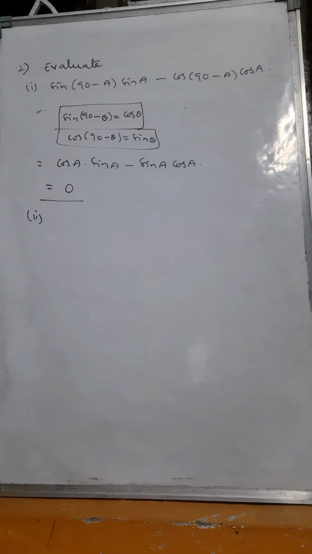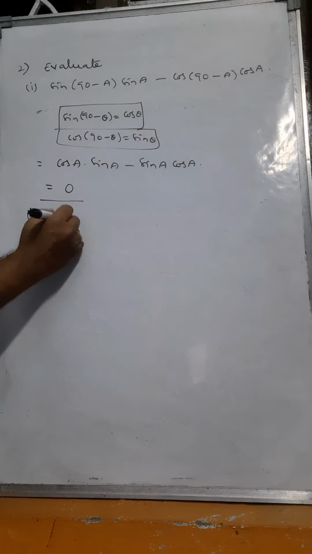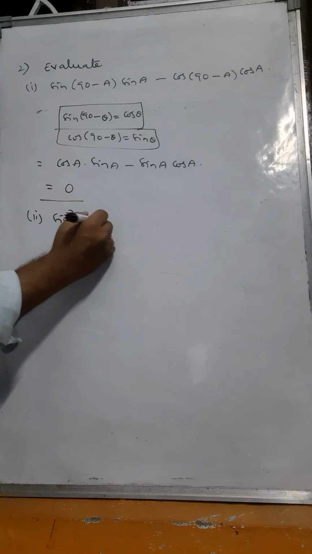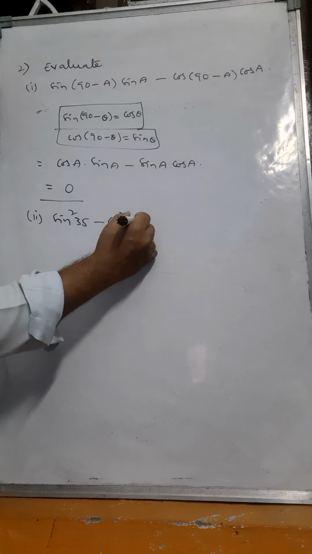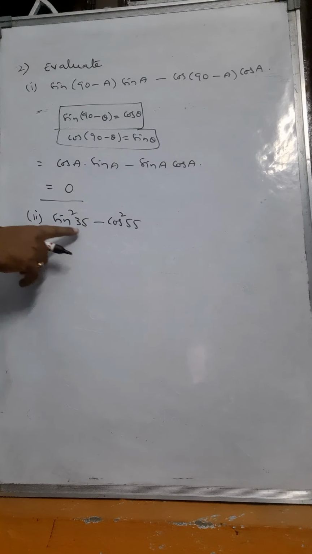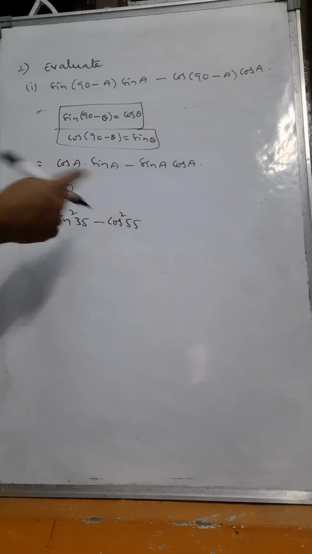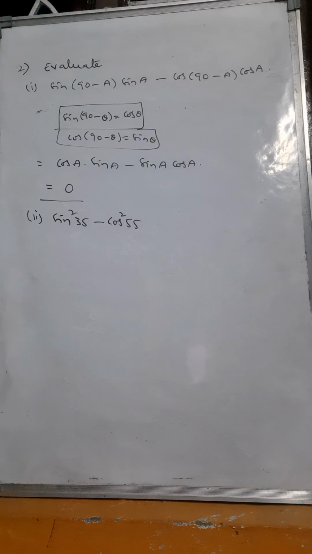Second one, sin square 35 minus cos square 55. Here 35 plus 55 is 90, both are complementary angles. So 35 can be written as 90 minus 55, and 55 we can write as 90 minus 35.